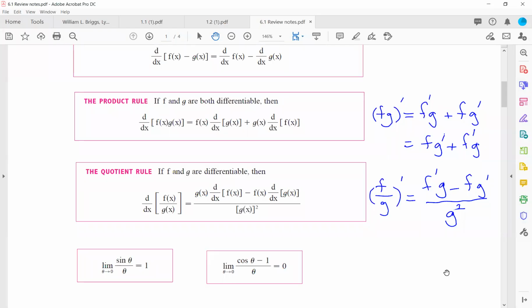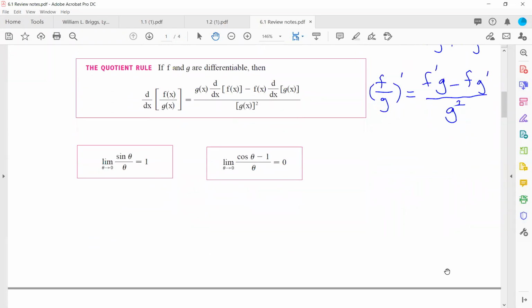Two important limits. The first one is the limit of sine theta over theta while theta is getting closer and closer to 0. If we plug in 0 here, the outcome is 0 divided by 0.